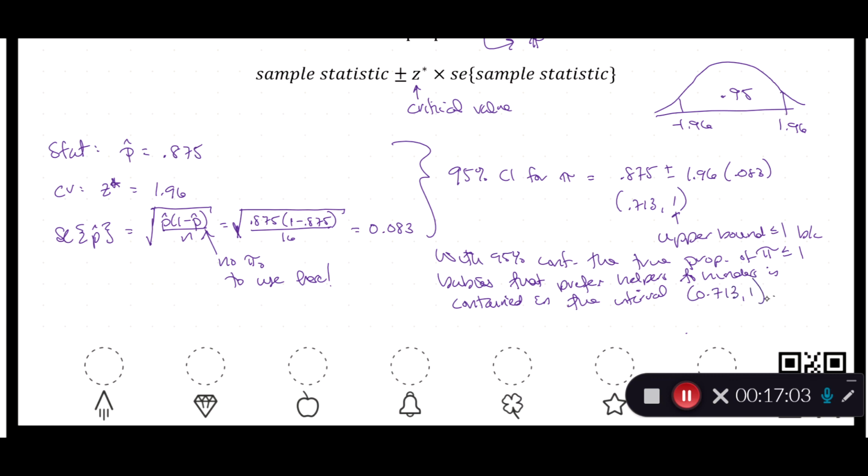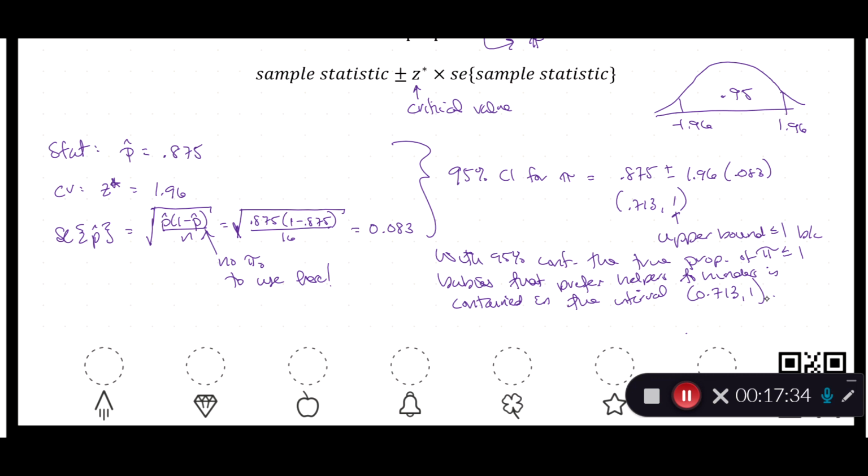Now I'm going to ask you another question. Do we have strong evidence that this is different from chance? That is, do we have a big effect relative to what we would expect due to chance? In this case, yes. If babies preferred helpers the same as they would to chance, then pi equals 0.5 would be in this interval. And this whole interval does not include 0.5 and is in fact quite different than 0.5.